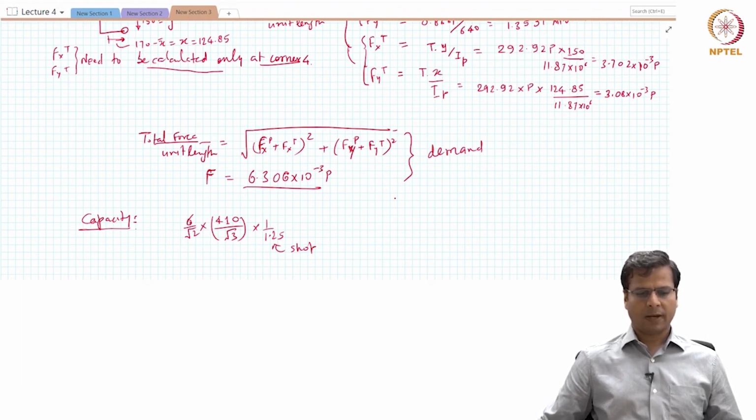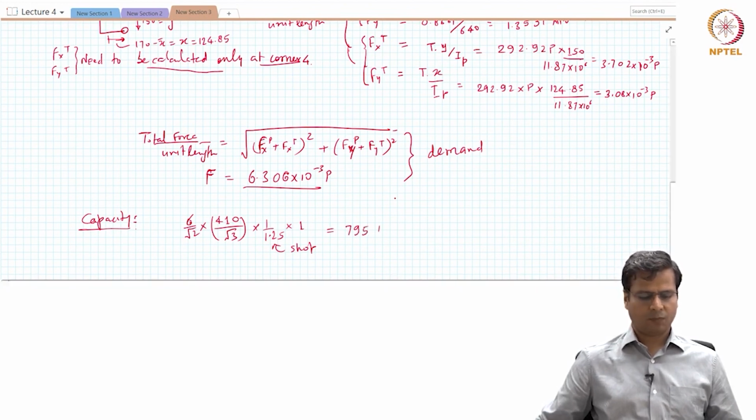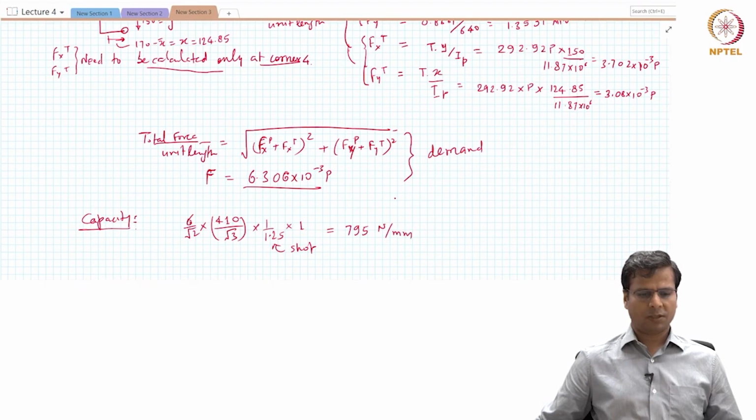Okay, so now multiplied by the Lw, but Lw we are assuming as unit for the time being, and this can be calculated as 795 Newton per millimeter. So this is the capacity of this weld per millimeter length, and the demand was this much.